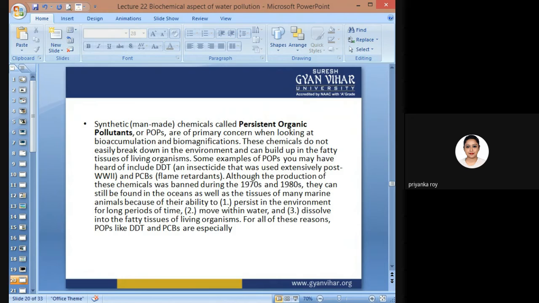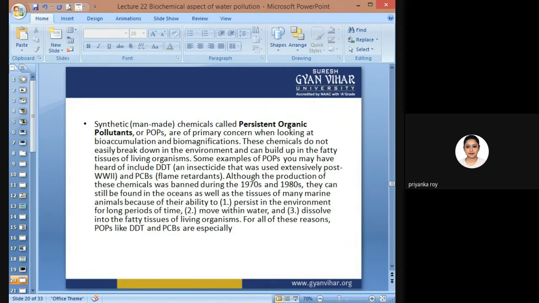Some examples of persistent organic pollutants include DDT, which was used post World War II, and then PCBs.